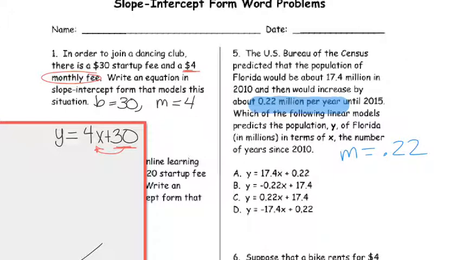Then my next question is, is my population increasing or decreasing? You should see that it's increasing, so the 0.22 is a positive number. It also says it would be about 17.4 million, so I know that my b is 17.4. That's why my answer is C. If I use those context clues, it'll tell me a lot.